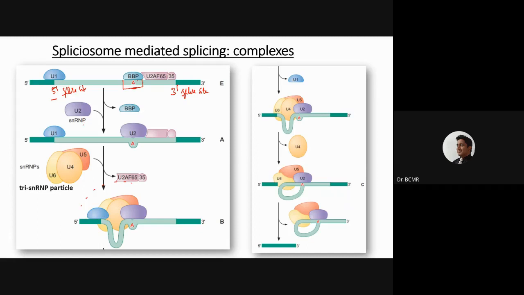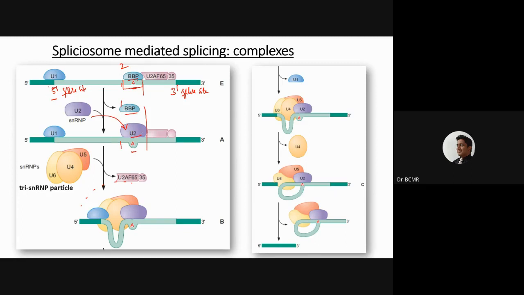Then BBP is released, and U2 snRNP binds there, right? So you can think of the branch point as now proofread or recognized by at least 2 proteins. First by BBP, and second by U2.